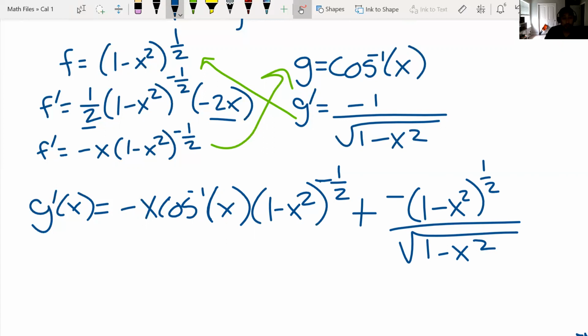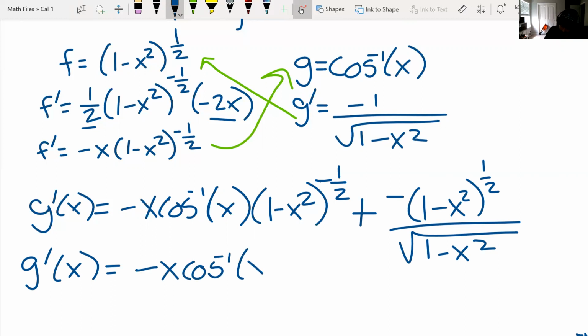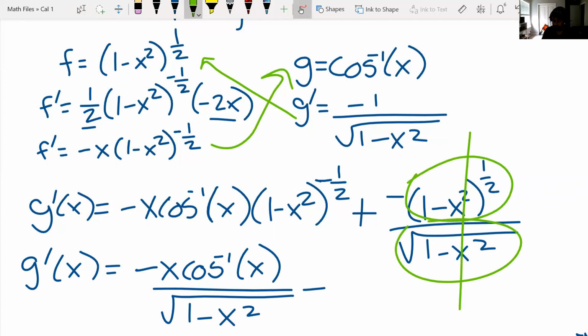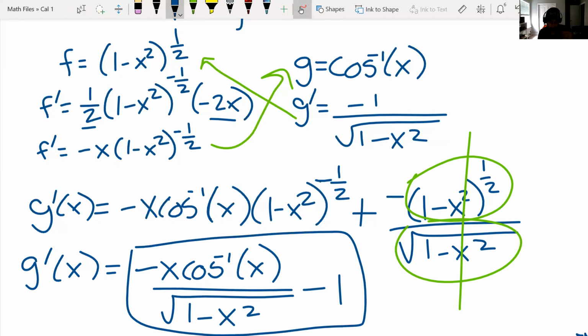Okay, clean up. G prime of x equals negative x cosine inverse of x over the square root of 1 minus x squared, minus, again, these two. This and this are the same. Cancel. That's just negative 1. That's it.